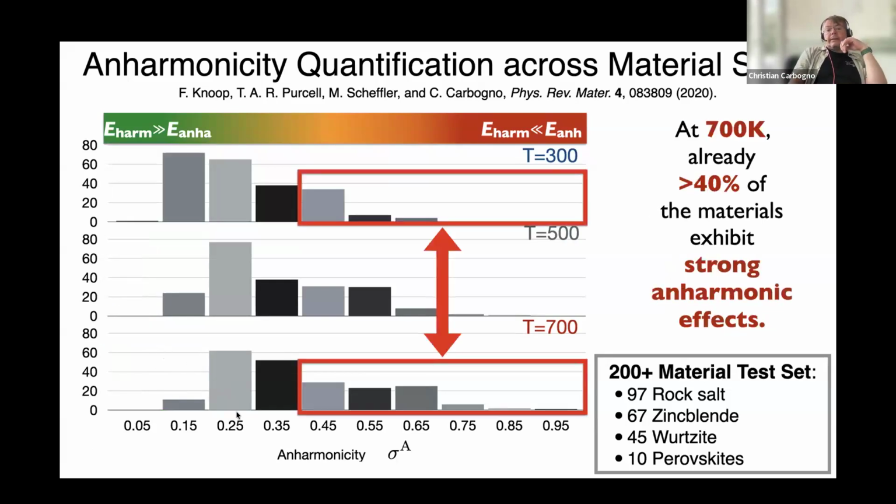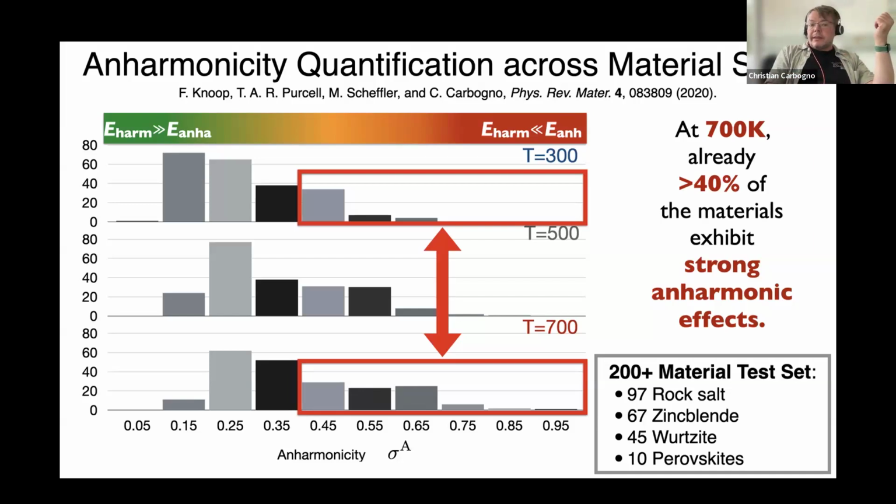On the other hand, the materials that have a strong influence of anharmonic effects become much more prominent. So this is not too surprising. We've discussed from the beginning that the harmonic approximation is a low temperature approximation for small displacements. So it's not too surprising that anharmonicity increases with temperature. What you already learn here, however, is in which materials this happens and when.